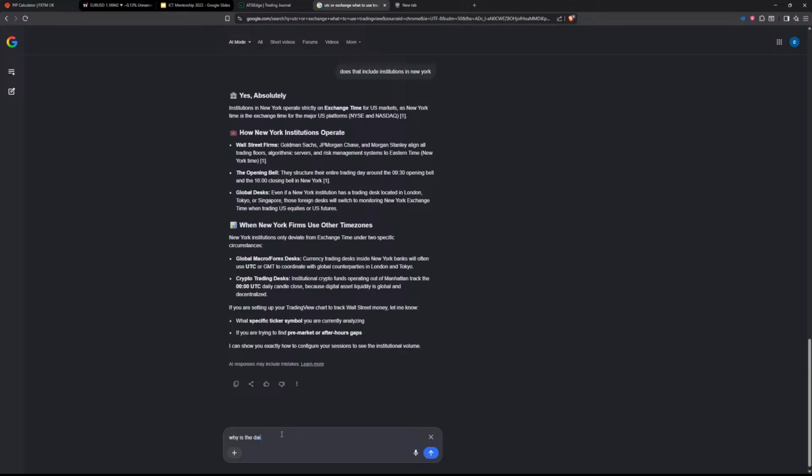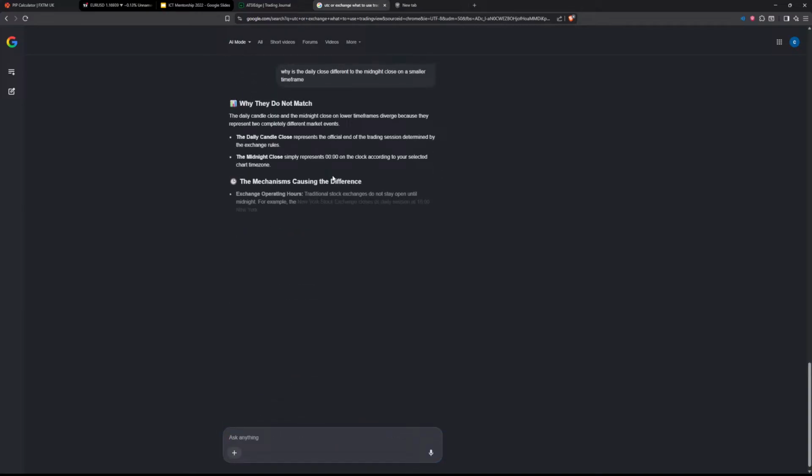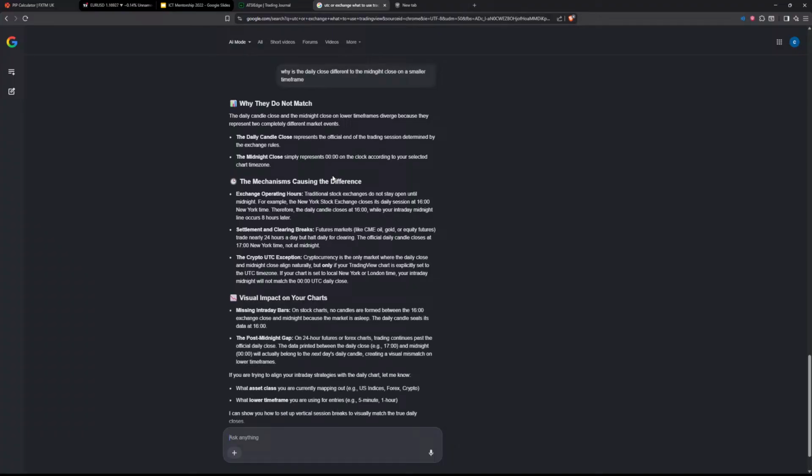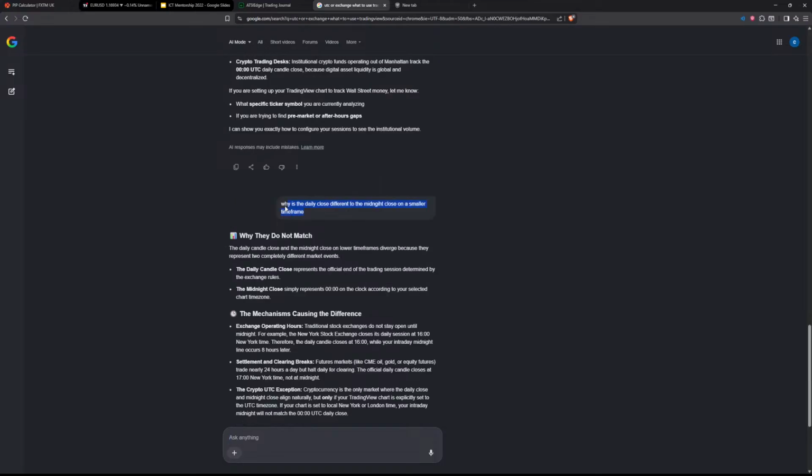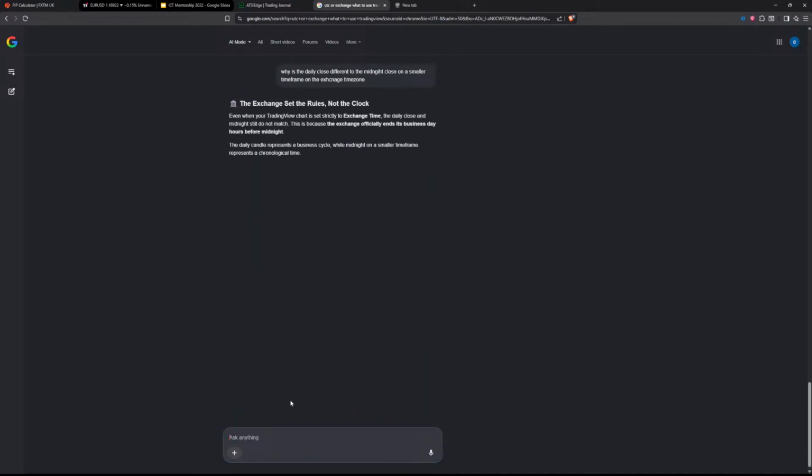Why is the daily close different to the midnight close on a smaller time frame? The exchange time zone. Just thinking I have separated them, but I haven't.